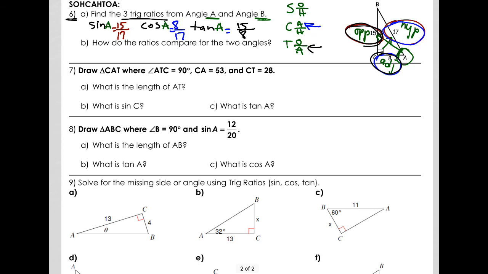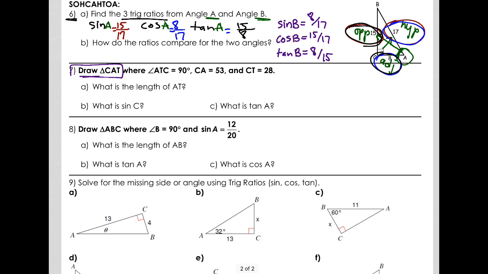Now I'm going to erase this so I can put the answers for angle B. If you want to, you can pause it now, try angle B, and then unpause it, and the answers will pop up. So sine of B is 8 over 17, cosine of B is 15 over 17, and tangent of B is 8 over 15.